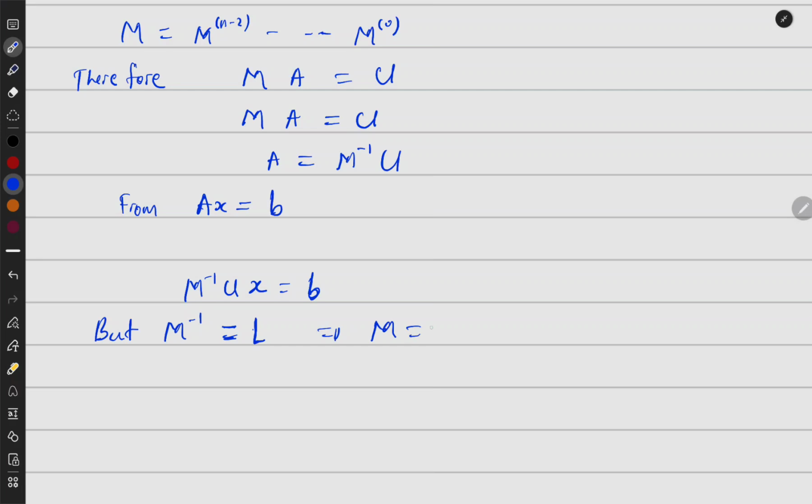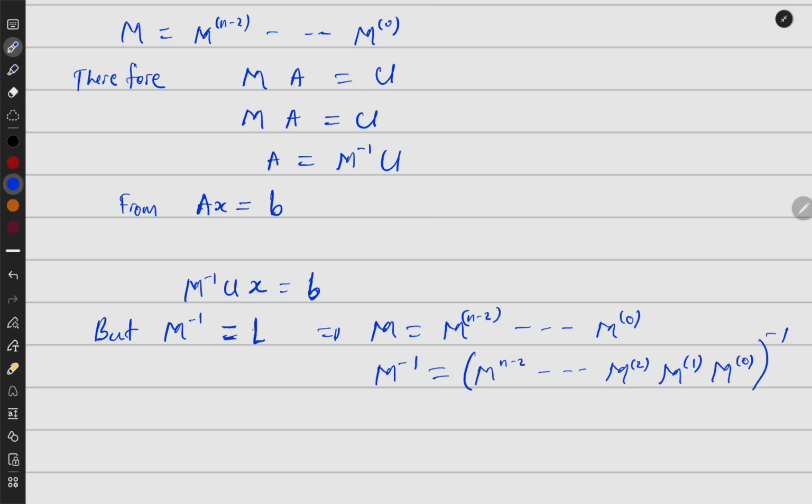But we know that our M is from m n minus 2 up to m0, meaning that the inverse of this is the same as the product, let me say m2, m1, m0, but this entire thing is the inverse.